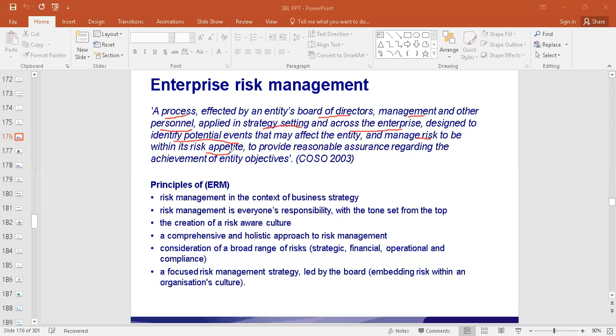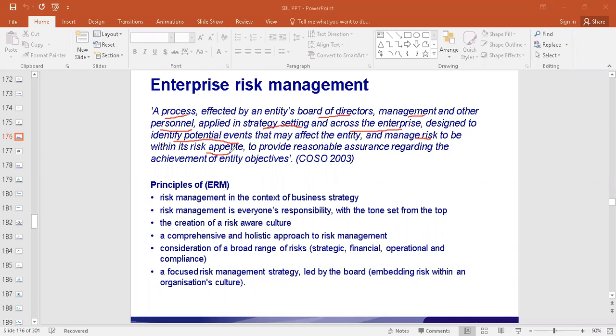Because of the happening of certain risky events that can cause risk to the business. So there is a process involved in identifying the potential risks that can happen, managing them effectively, so that ultimately they would be able to achieve the organizational objective.